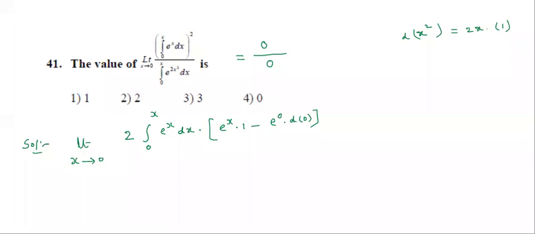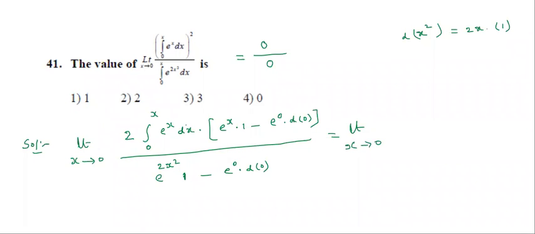Divided by, in the denominator also apply the Leibniz rule: e power 2x square, derivative of x, that should be 1, minus, substitute the lower limit, e power 0, derivative of 0. So finally in numerator and denominator we applied the Leibniz rule.